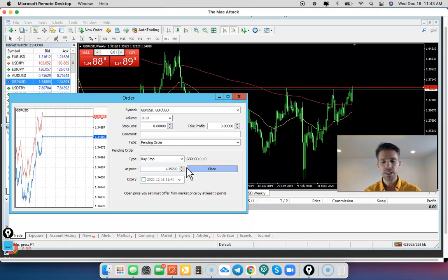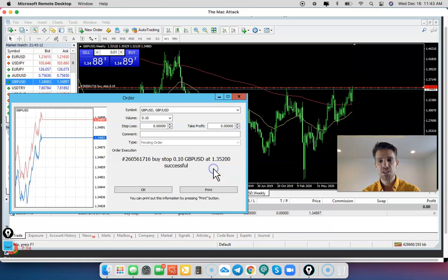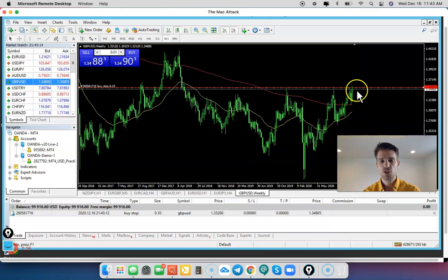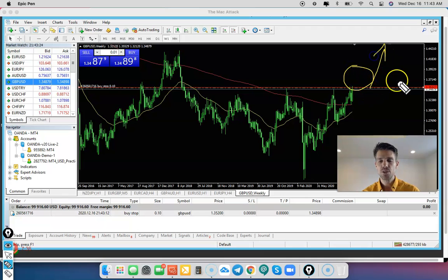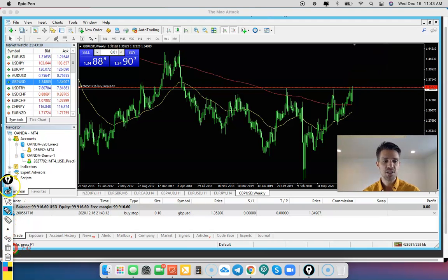I want to buy it about 30 or 40 pips higher than current market price. Then I would place my buy stop order there, and that's just a little above current market price, and that's a good scenario of saying, okay, I want to get in as this breaks that high and hopefully continues up that way. Okay? So that is what a buy limit versus buy stop order is.